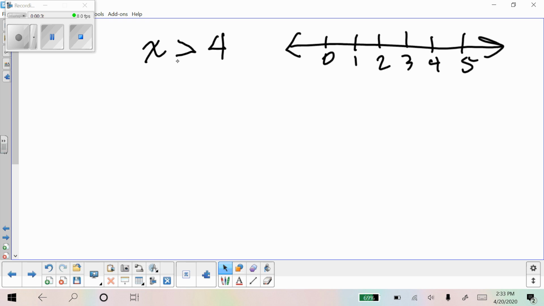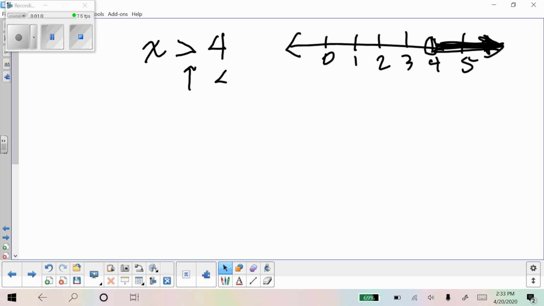Now, since there is no equal sign at the bottom of this, that means it has to be a little bit more than 4. The way we show that is by putting an open circle on 4. That means that 4 itself is not a solution, but anything bigger than 4 is. But 4.1, 4.2, 5, 6, all of those, so we draw it like that.